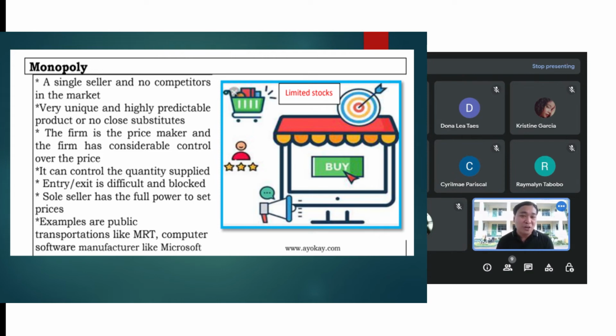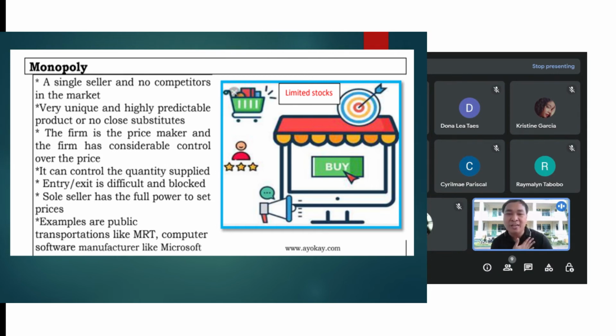So when we talk about monopoly, a single seller and no competitors in the market, or a very unique and highly predictable product with no close substitute. So the firm is the price maker and the firm has considerable control over the price. Examples of which are transportation like MRT, computer software manufacturers, and the like.